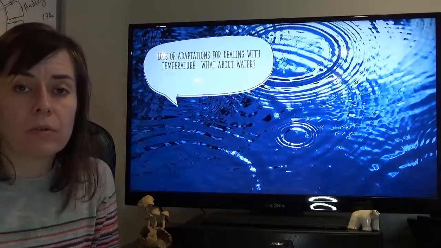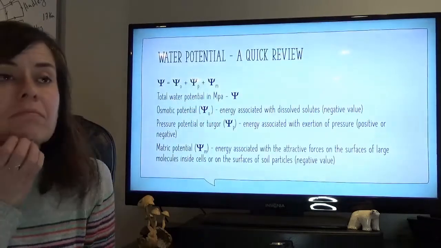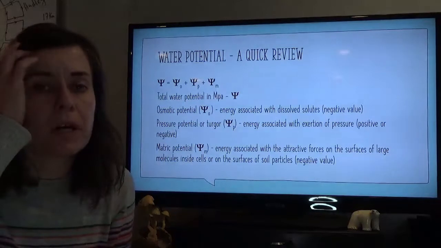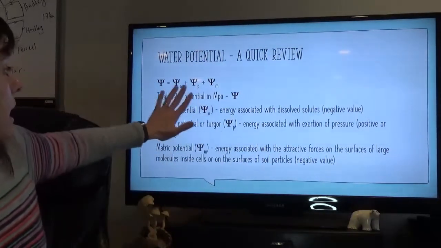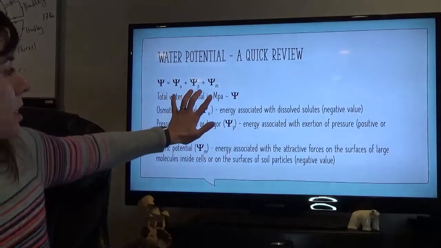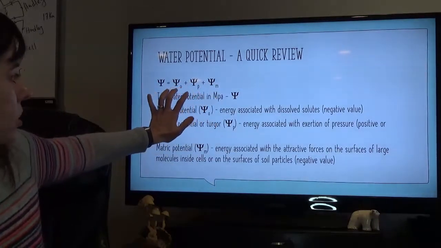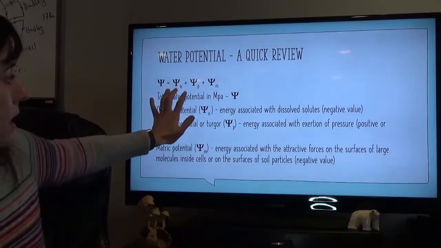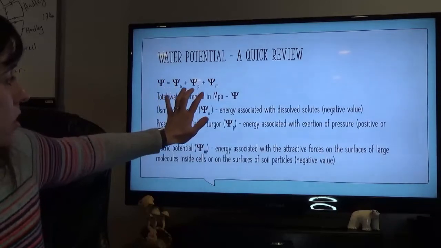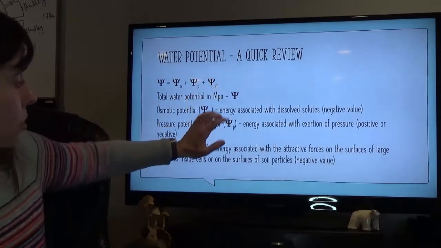Now what about water? So this is just a quick review of water potential. You will have learned about this previously. This is a simplified version of a water potential equation, but we have the total water potential being the osmotic water potential plus the pressure water potential plus the matrix potential, okay?